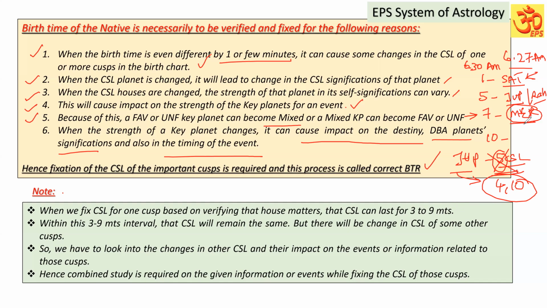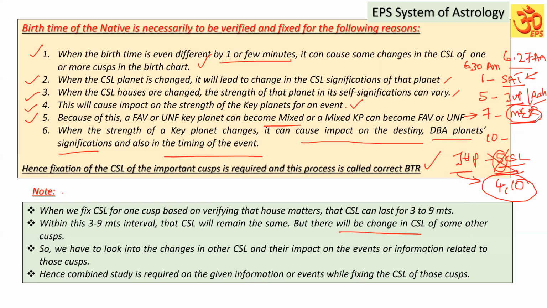So within the 3 to 9 minutes duration of the seventh cuspal sublord, which minute has to be fixed? Because within that 9 minutes duration, the cuspal sublord will remain the same, whether 6:30 a.m. or 6:37 a.m. The seventh cuspal sublord can remain Mercury, but within that difference of 7 minutes or 5 minutes or 1 minute, there can be a change in the cuspal sublord of the other cusps.